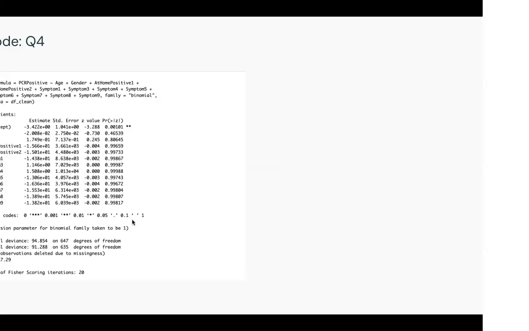I'm adding different interaction terms, selecting symptom columns, processing the symptom matrix into flat features. Okay. And then I'm fitting the logistic regression model and then the null model for McFadden's R square and calculating it overall.